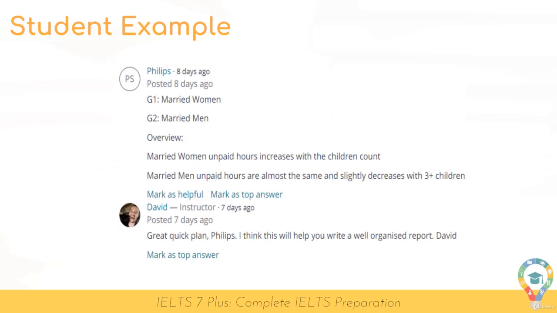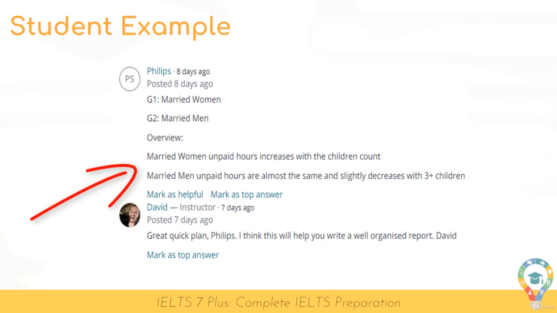Let's begin by taking a look at the top of this student's plan. So we have Group 1 married women, Group 2 married men. So I know that the data must include both men and women married. Overview. Married women unpaid hours. Unpaid hours, I'm starting to think of work or employment.